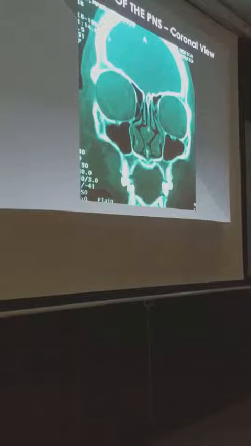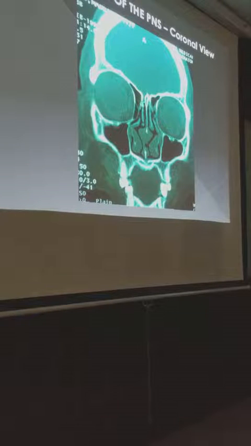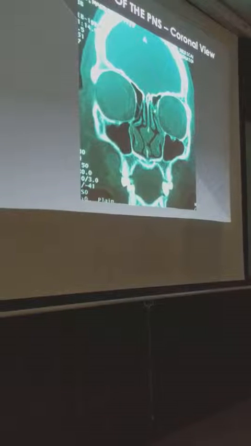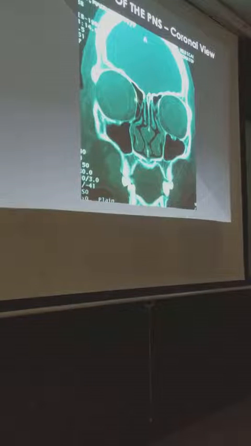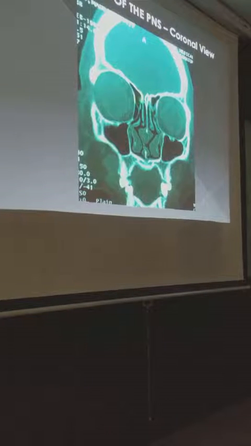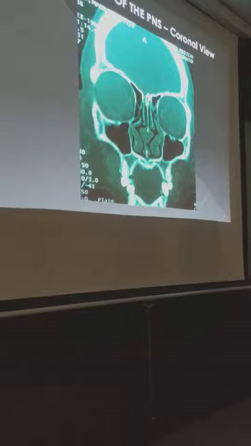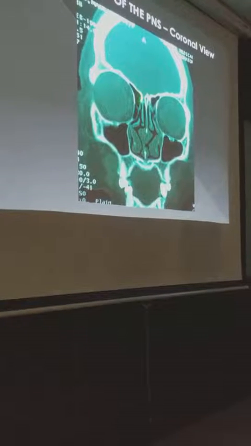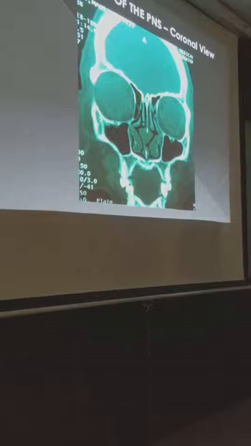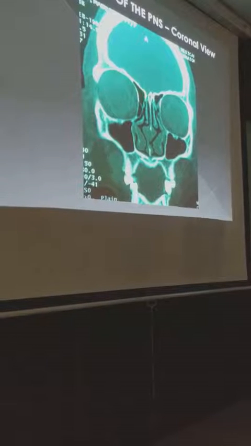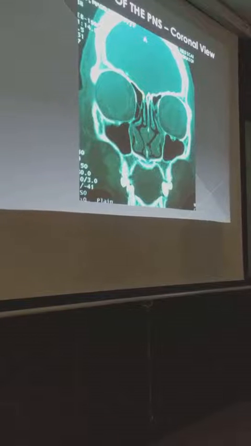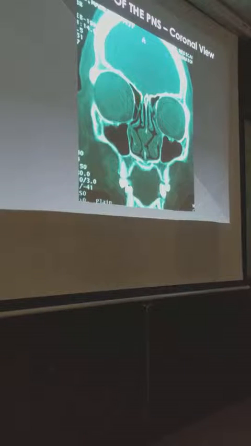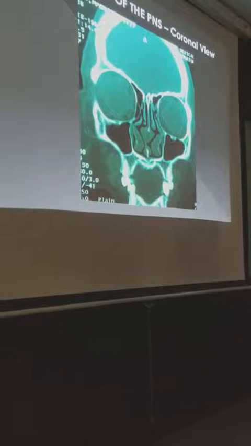Okay. Now, you can see the skull base here. If you see the skull base here, you can see how sharp it is. You have your crista galli, cribriform plate, and then you have the lateral lamella of your cribriform plate, which again articulates with a thicker bone, the fovea ethmoidalis of your frontal bone.